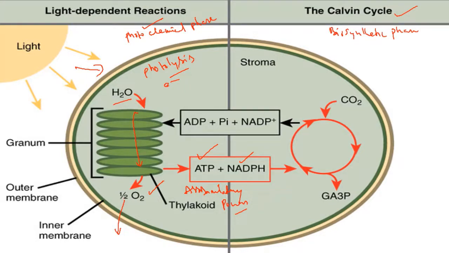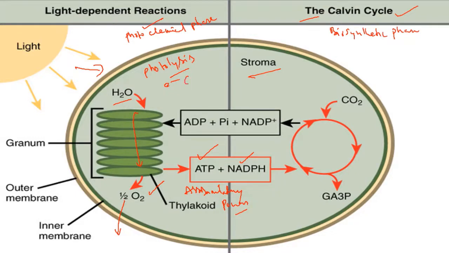And the second phase is the biosynthetic phase. It is also called the Calvin cycle. It is called the light independent reaction that occurs in the stroma, and the light dependent reactions occur in the grana thylakoids.